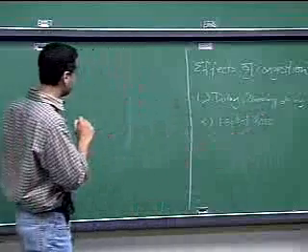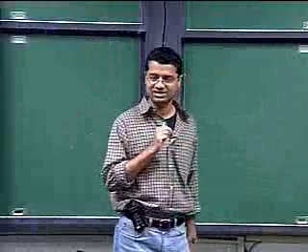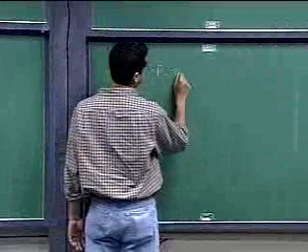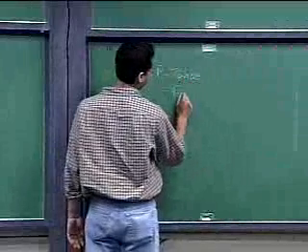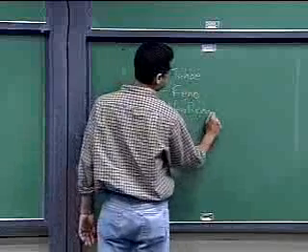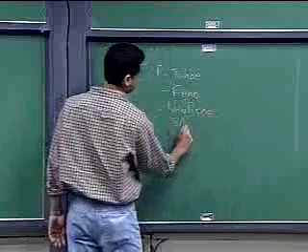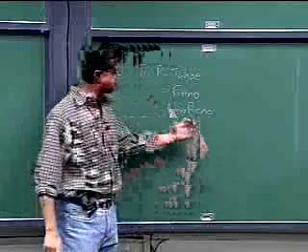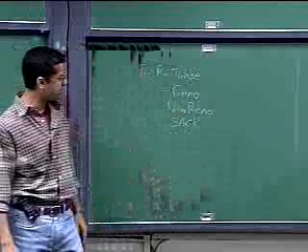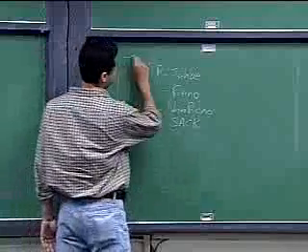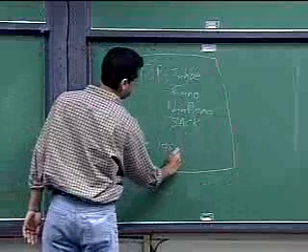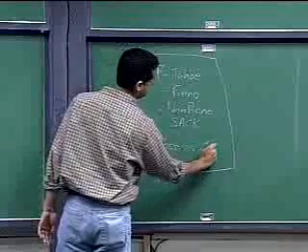So TCP variants which use packet loss as the congestion indicator are TCP Tahoe, TCP Reno, New Reno, and TCP SACK, which is really a variation of New Reno with selective acknowledgement. So these TCPs use loss as a congestion indicator.